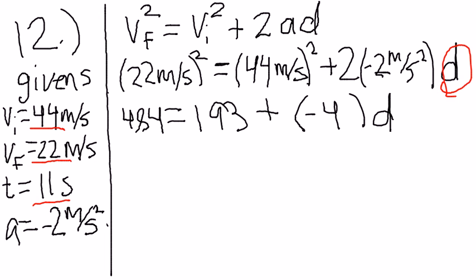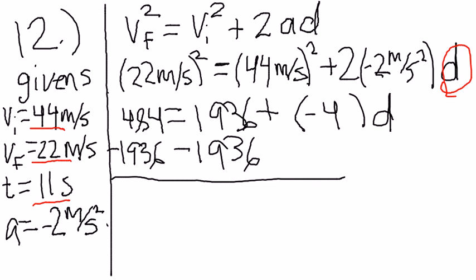Whoopsie, sorry. Now you subtract 1,936 from both sides, and you should get negative 1,452 meters squared per second squared equals negative 4 times displacement.